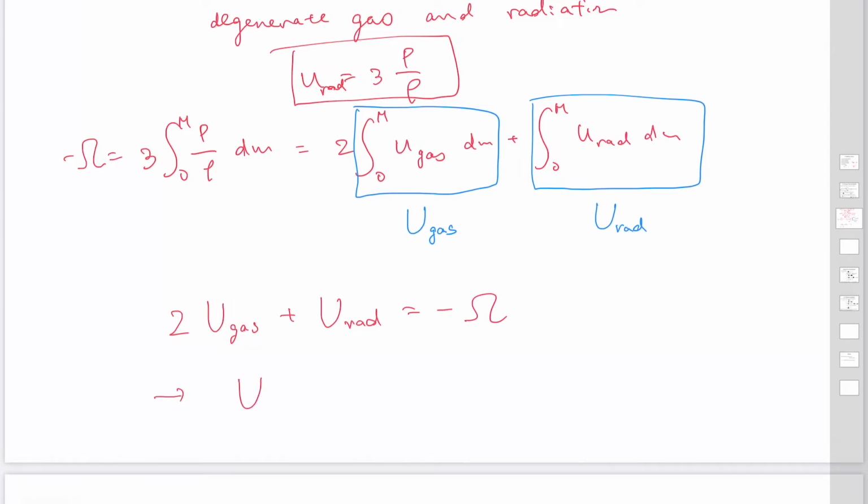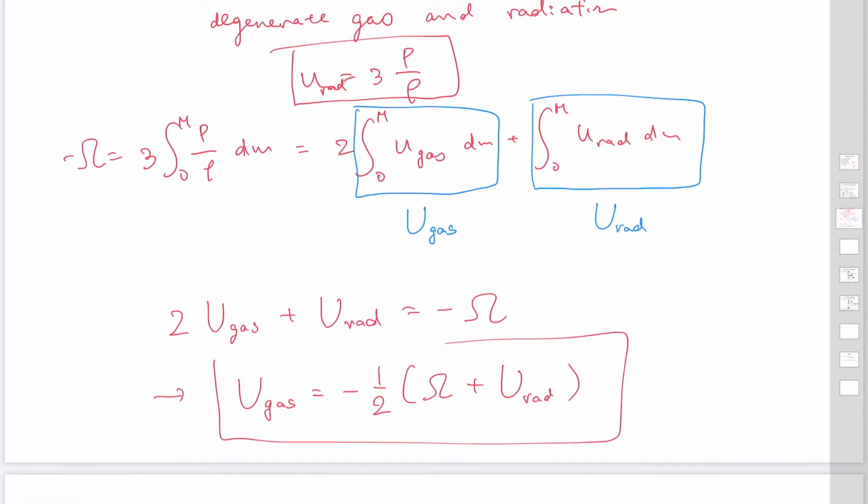So U sub gas is equal to minus 1 over 2 times Omega plus U sub radiation. So we derived this relation: the internal energy of the gas is expressed by the gravitational potential energy and the internal energy of radiation.